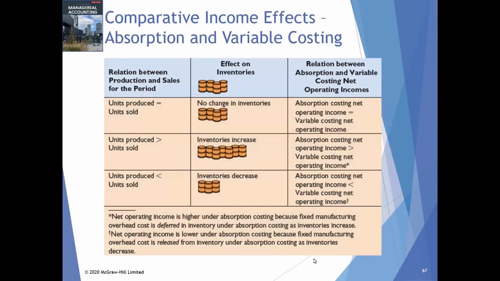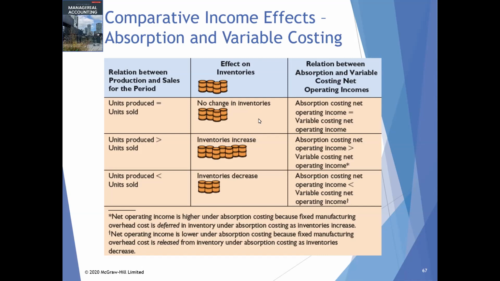Now, if we see the comparative income effect of absorption and variable costing, what is the effect on the comparative income? The relation between the production and the sales for the period: if the units produced are equal to the units sold, whatever units were produced, exactly the same units were sold, then there is no change in the inventory.